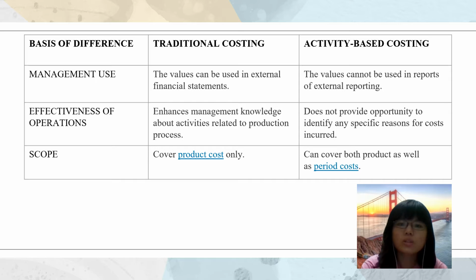For traditional costing, the values can be used in external financial statements, while for activity-based costing, the values cannot be used in reports for external reporting. The figures extracted by traditional costing can be included in the cost figure of the statement of profit or loss, because it only includes product costs, but activity-based costing can only be used for management purposes.